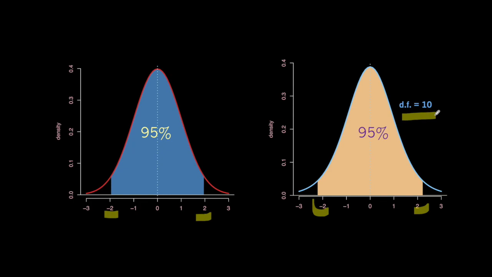It says that if we were to construct an interval for the normal distribution, you see it now in red, and we were to construct an interval for the T distribution, the interval for the T distribution is going to be wider. Okay? And as we said before, this accounts for the uncertainty that using S introduces into the creation of our intervals.